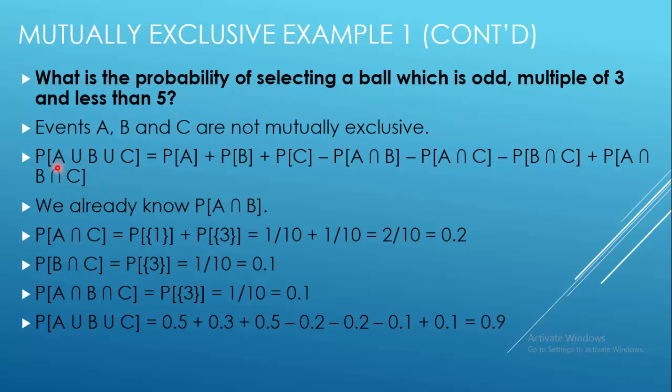In that case, for the probability of A union B union C, as we have seen this formula before, we need the probabilities of A, B and C, minus the intersections of A and B, A and C, and B and C, plus the intersection of A, B and C. We already know P of A, P of B and P of C.